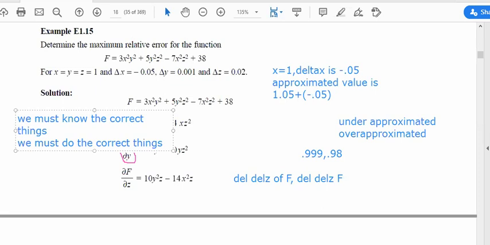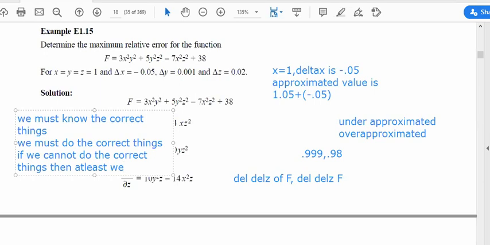But as humans, we can commit errors. If we cannot do the correct things, then at least we must know the correct things. Do you get this point or not?